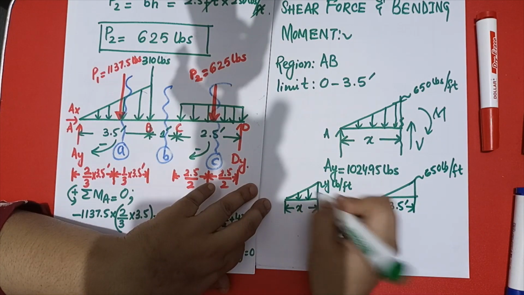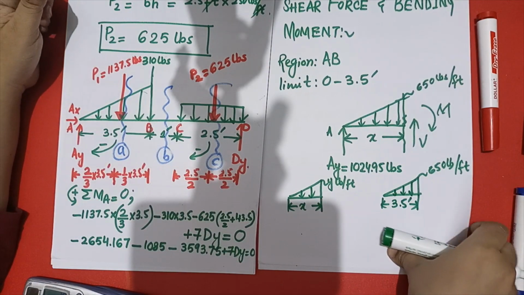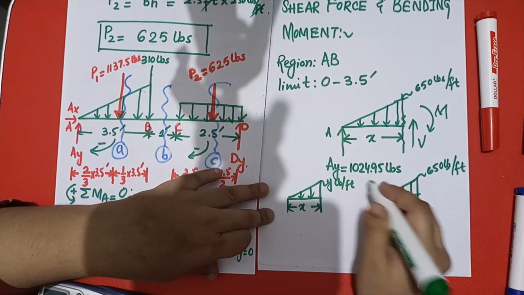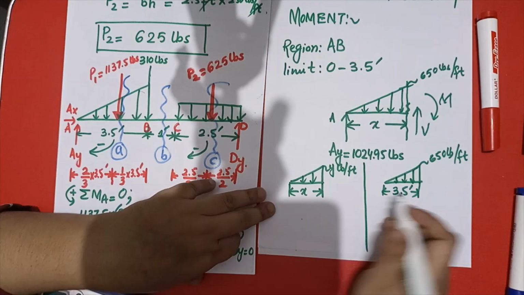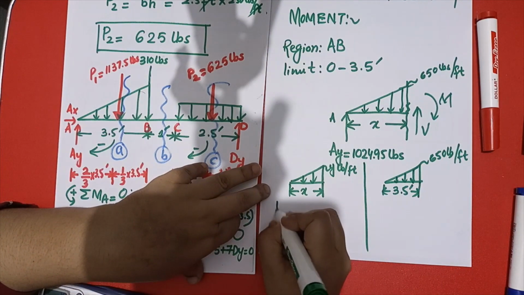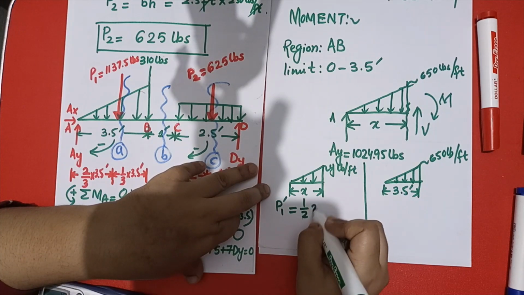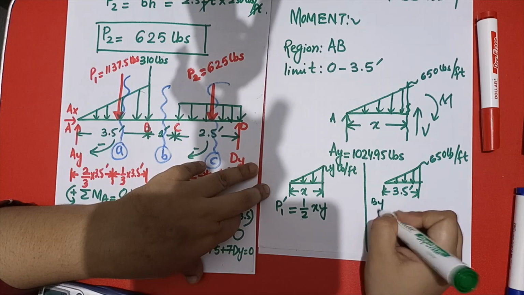In the next step, if you are having this case, I have already told you in the previous numerical that the area will be P1 dash, so half of XY, and this will be by similar triangles.